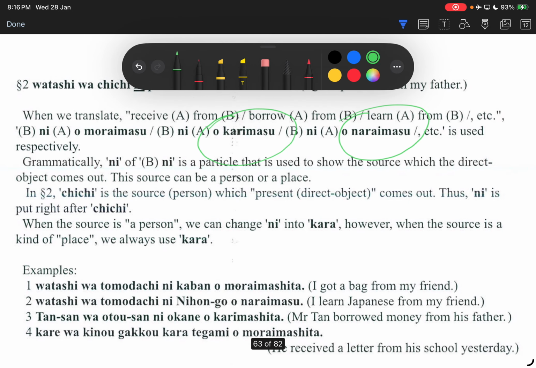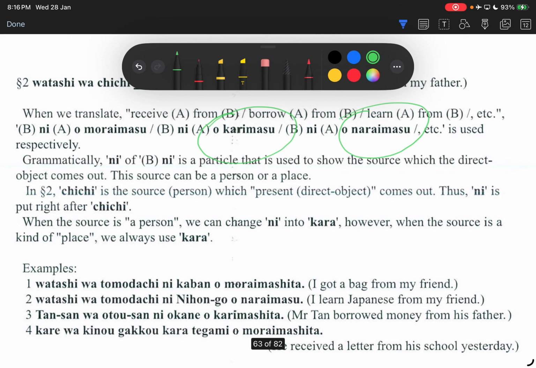So this ni particle, if you look at the very last line of this very long paragraph, when the source is a person, right? So the condition here is that if the source is a person, we can change ni to kara. Only if it is a person.